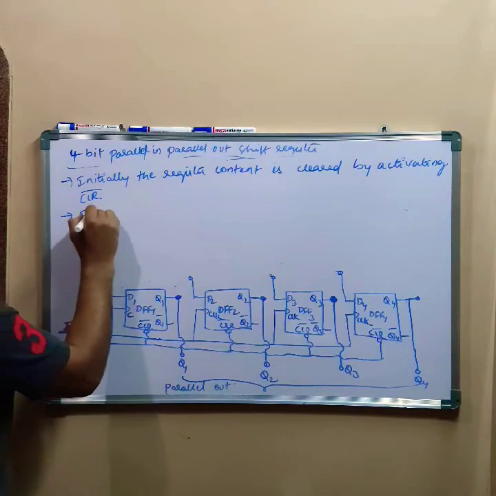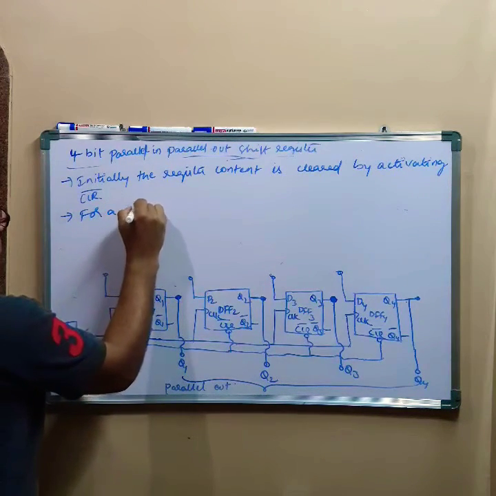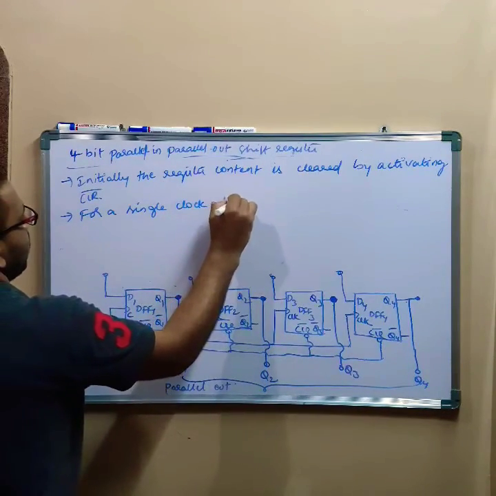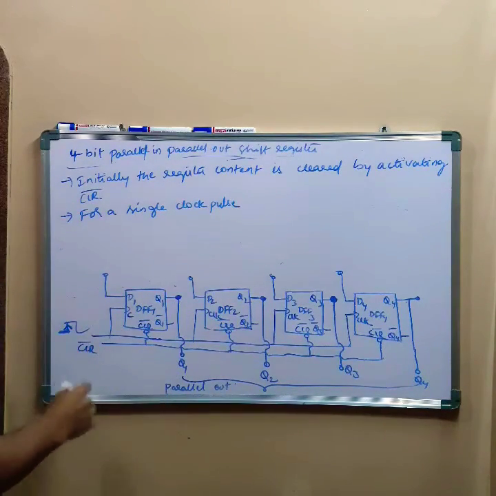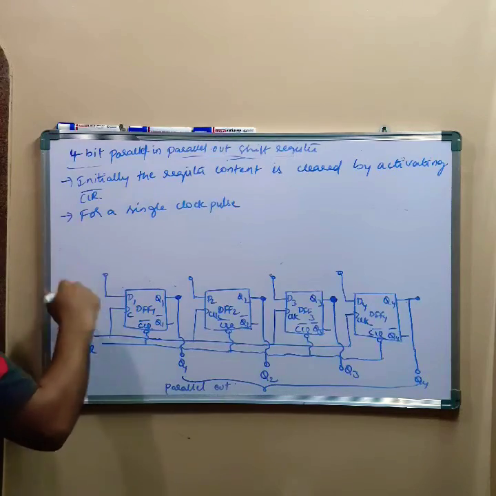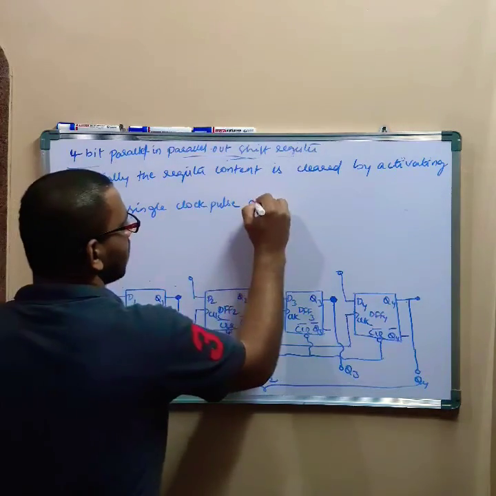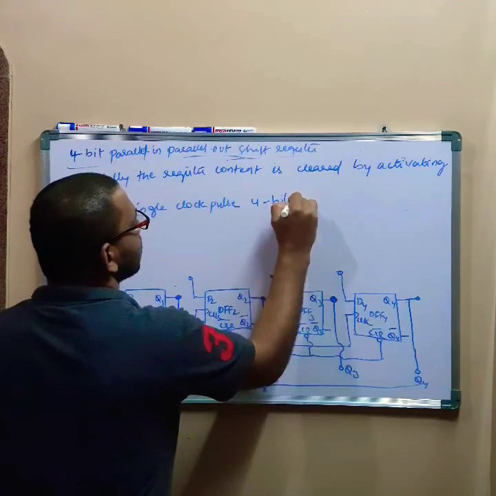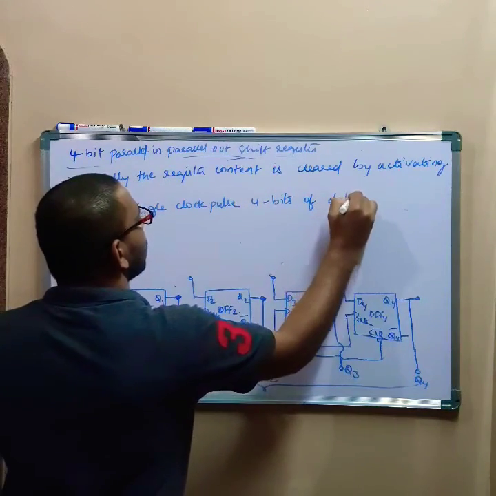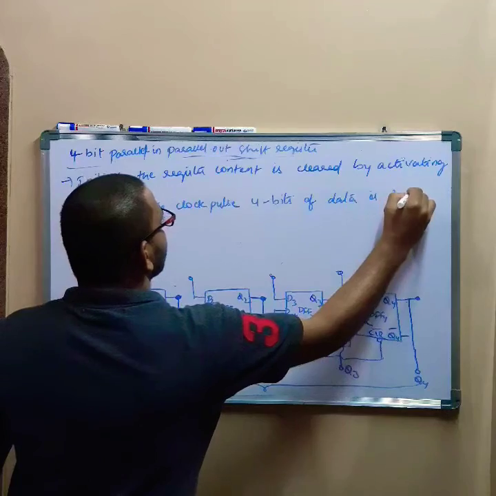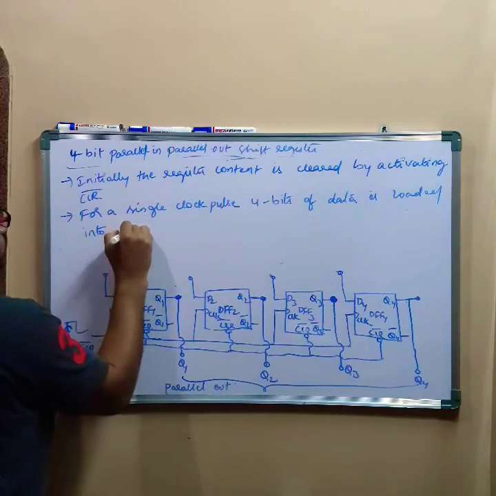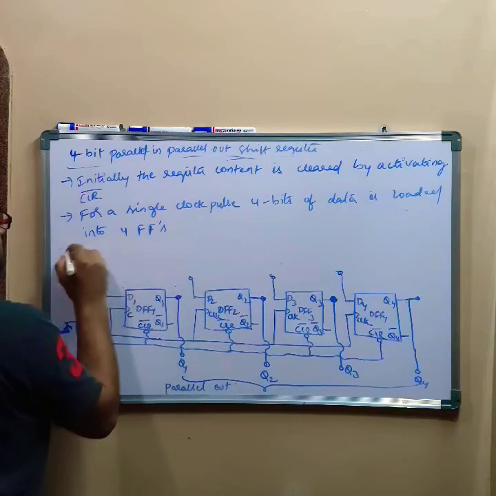Next, for a single clock pulse, whenever the positive edge of the clock pulse arrives, all the inputs are loaded into the flip-flops. 4 bits of data is loaded into 4 flip-flops.